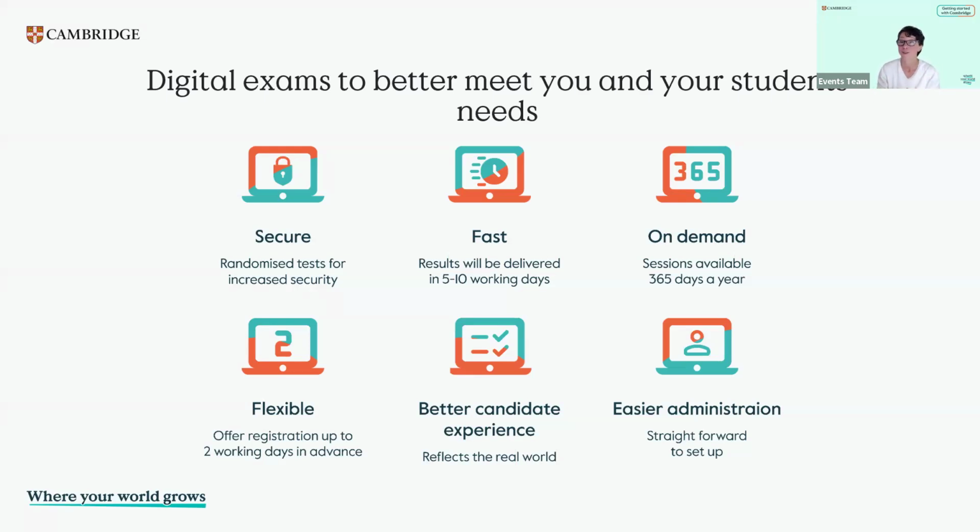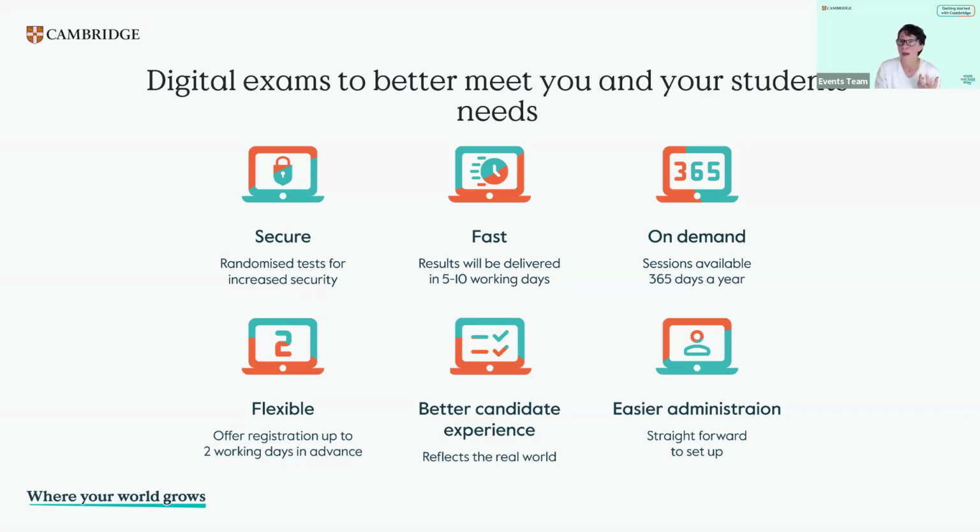Your students will receive their results in 5 to 10 working days. Fantastically, you can have them on demand, sessions available for 365 days a year. They're flexible as well. Registration can be offered up to 2 working days in advance, and it reflects the real world of our students. So it's a better candidate experience, and it's also easier to administer.